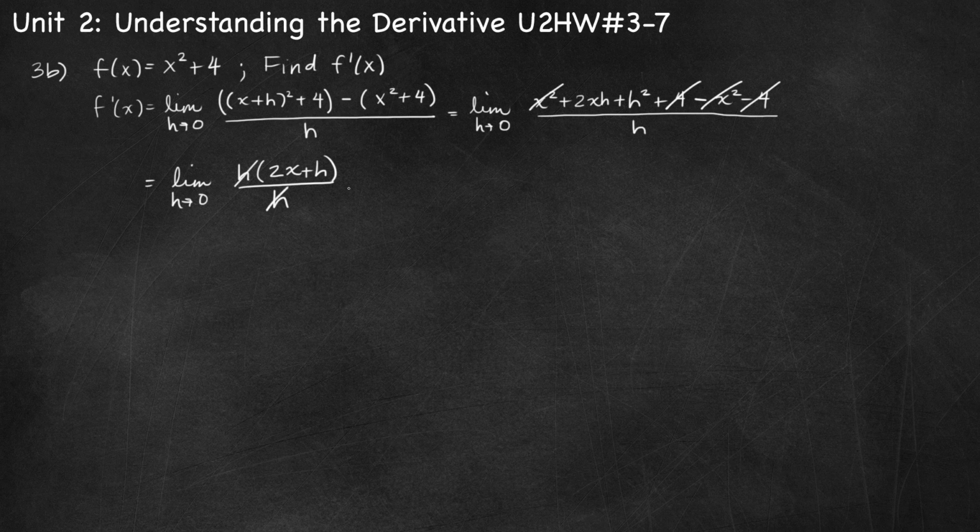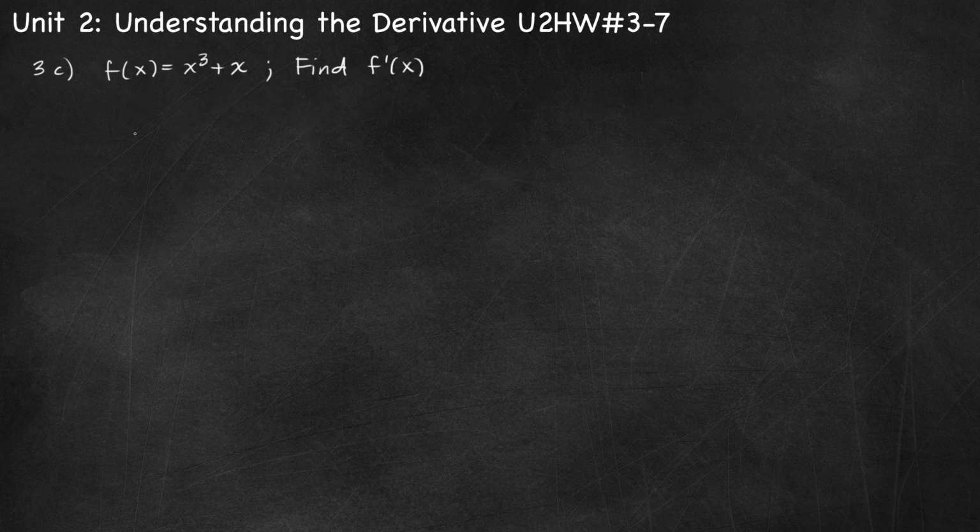So we cancel out the h from the top and the bottom. And we just have the limit as h approaches 0 of 2x plus h. We can find this limit using substitution. I let h equal 0, and I get just 2x. So my derivative equation, f prime of x, equals 2x.